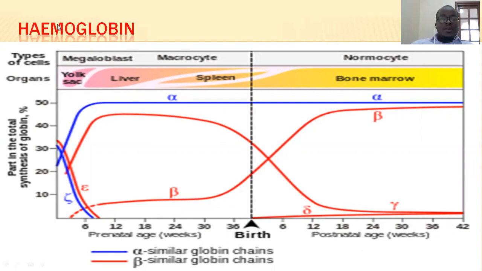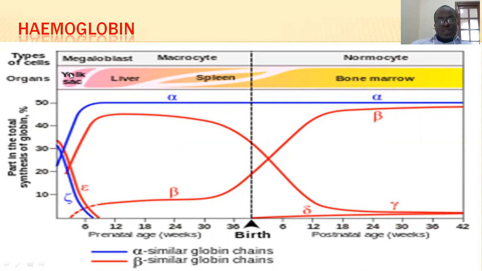The yolk sac is the one producing red blood cells and other blood cells. Within these red blood cells, the type of hemoglobin is different. Within the embryo, the majority of the hemoglobin you're going to find has this combination: two zeta and two epsilon polypeptide chains.